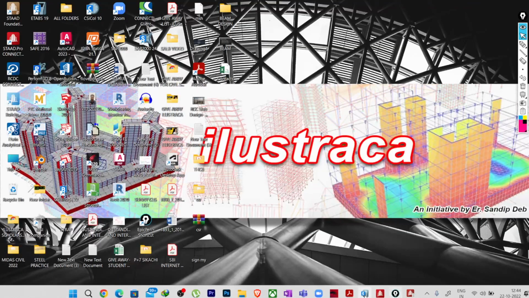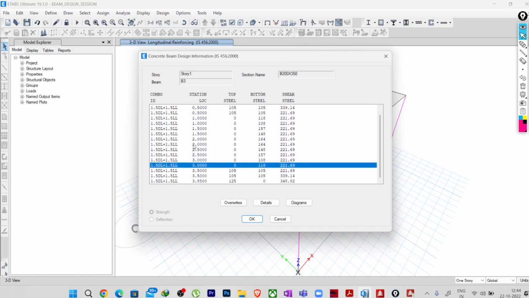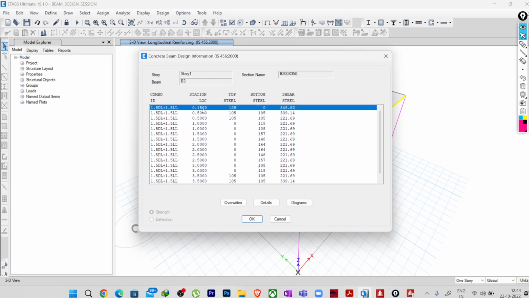If I open ETABS and right click, you can see it is also designing for different locations in the beam, starting from the 0 location. See 0.15. Why 0.15? Because our column thickness was 300 mm, so we need to design the beam from the face of the column.